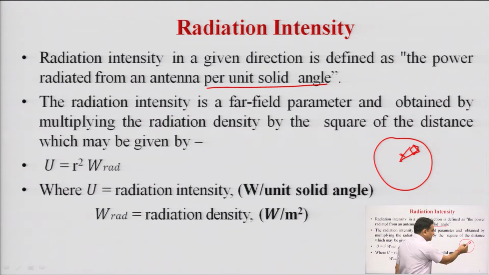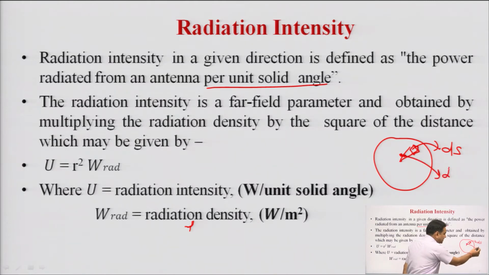This is the solid angle which is subtended at the center of a solid figure by a surface area. This is the surface area, and this surface area is described as ds, and this is described as d omega.